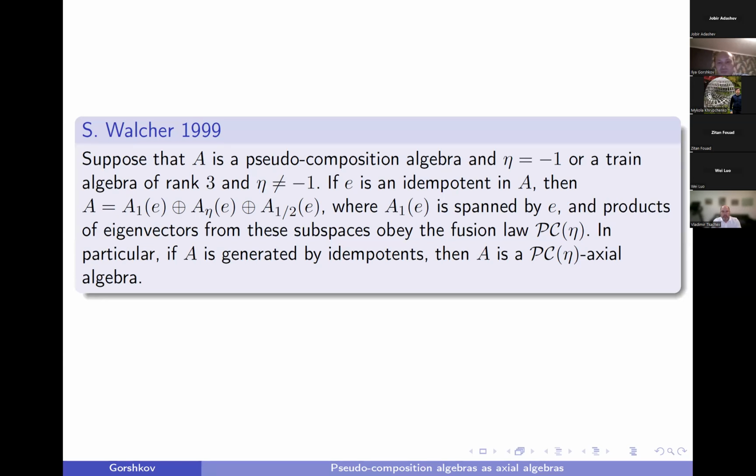For this, we need some theorems, and one of them is the following.